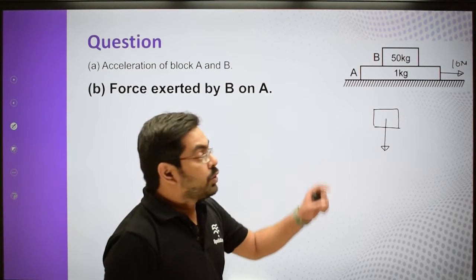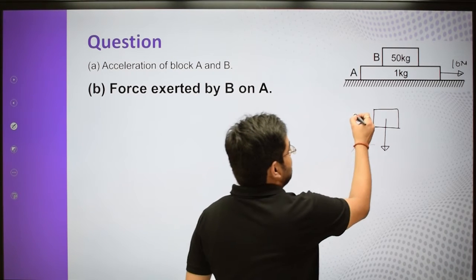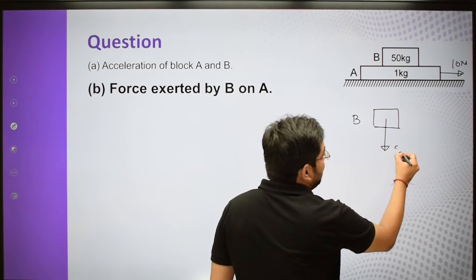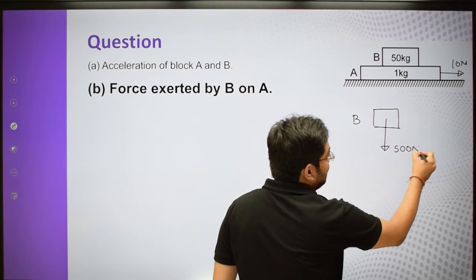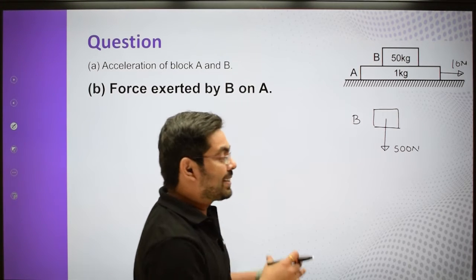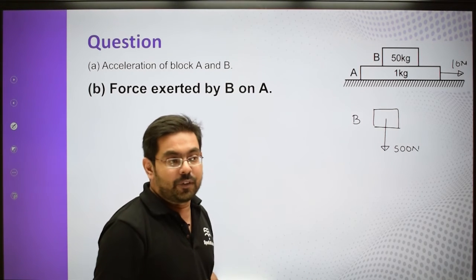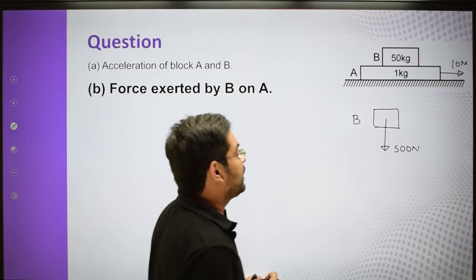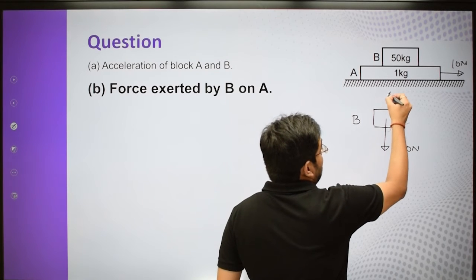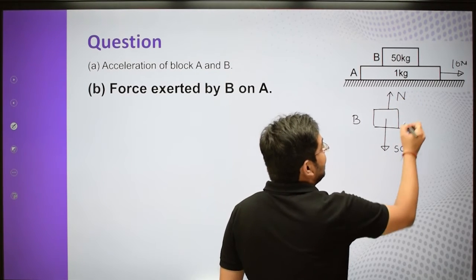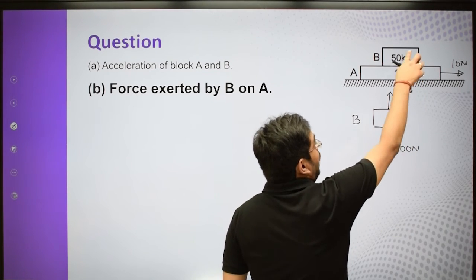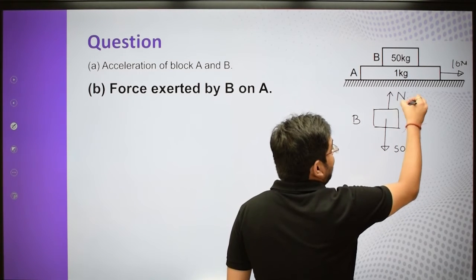So 50 kg is its mass for block B, so 500 Newton will act in the downward direction, but it is kept on block A. There will be a normal force in the upward direction. Suppose this is the normal reaction by the block A on block B. Let us call it N1.